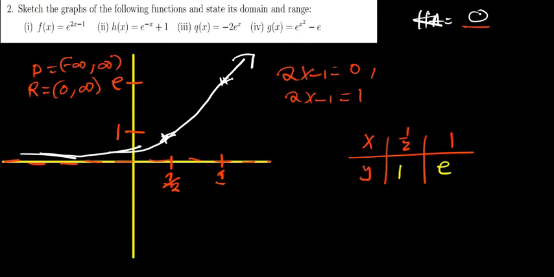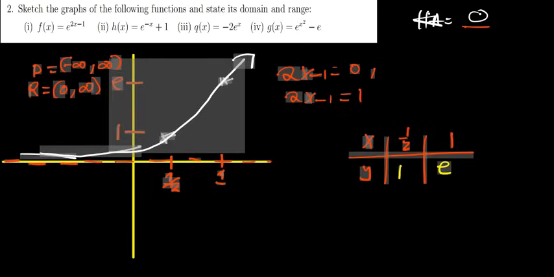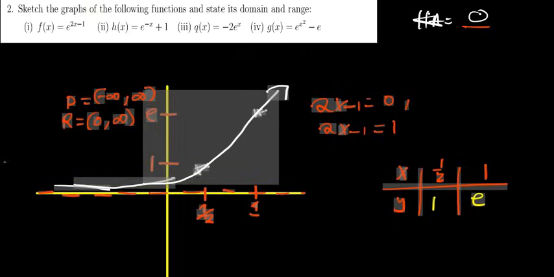Using this concept, let us go ahead and look at another question. Here I'm going to leave 2 for you. I believe you can sketch this one. Let me sketch this one and this one, then I'm going to leave this one for you.